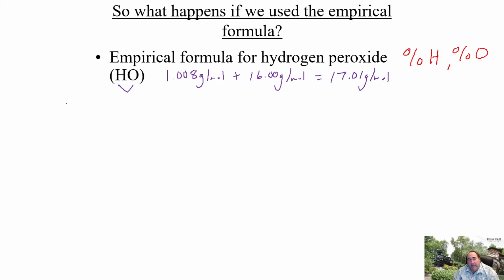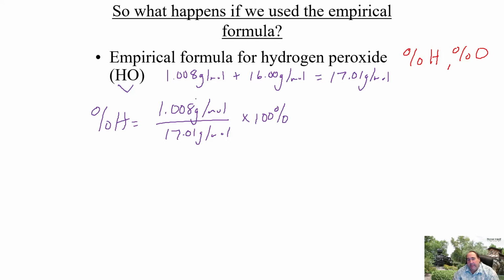So we'll do our same calculation here. The percentage of hydrogen is going to be the mass of hydrogen in our empirical formula, which is only one of them. So that is 1.008 divided by 17.01, and we'll times it by 100%.